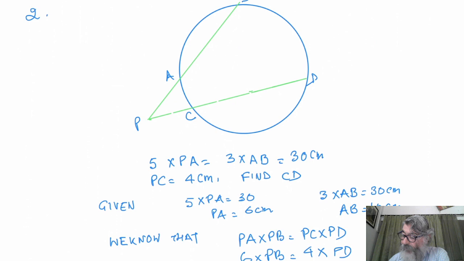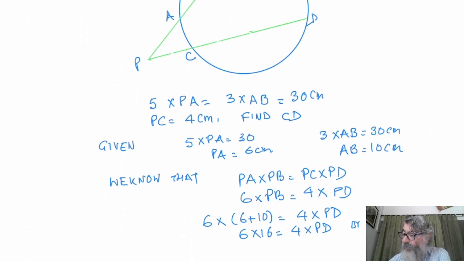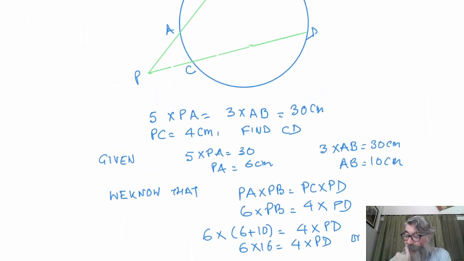So it will be 6 into 16 equals 4 into PD, so PD will be 24 centimeter: 4 sixes are 24. I get PD as 24 centimeter. We know PC is 4, so CD will be PD minus PC.